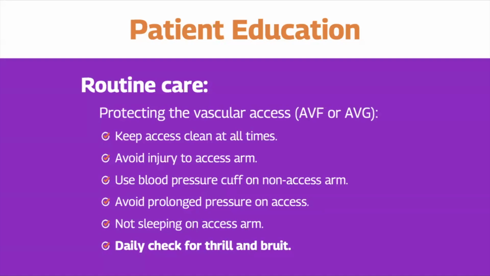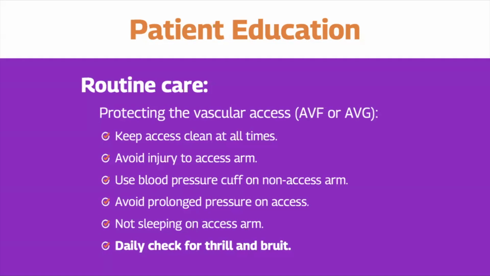We want to use the blood pressure cuff on the non-access arm and avoid prolonged pressure on that access. Don't wrap dressings around with ace bandages or anything like that. We also don't want them to wear tight-fitting sleeves on that access arm, which can cause the graft or fistula to clot.